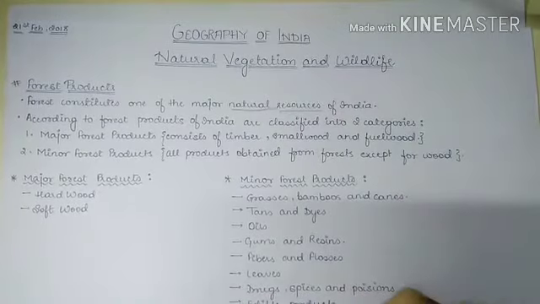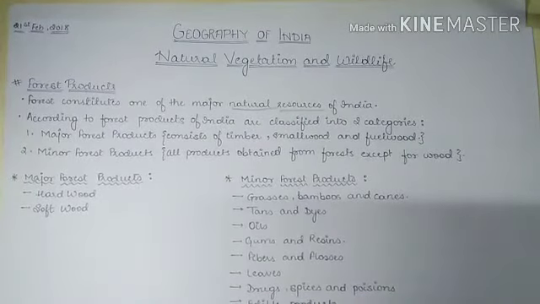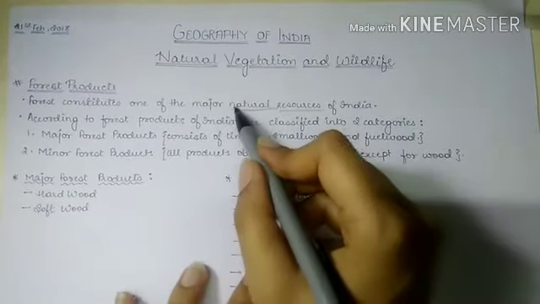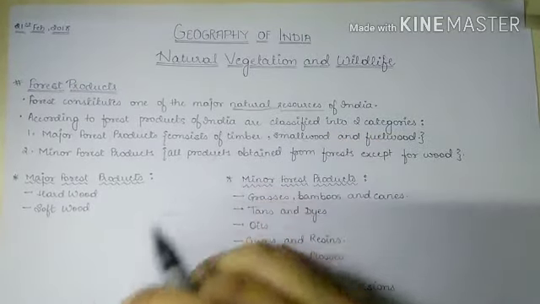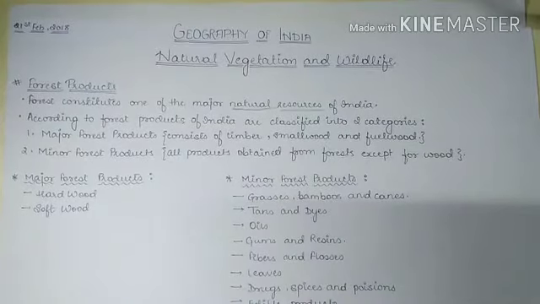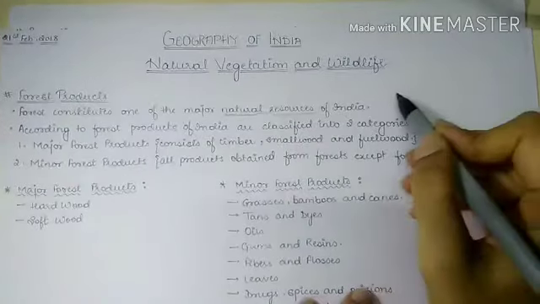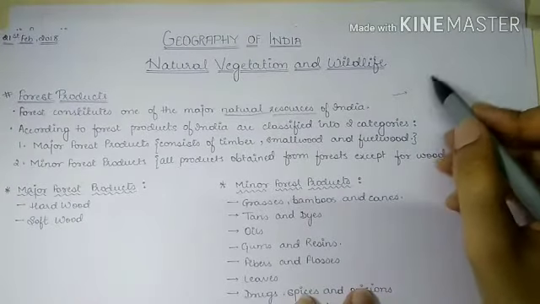As we all know, forest constitutes one of our major natural resources. It is a major natural resource of India. Why is it a major natural resource? Firstly, it provides us with wood.